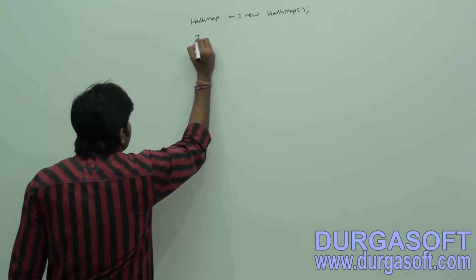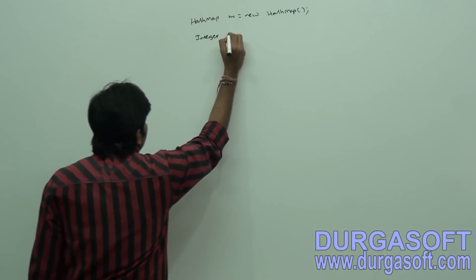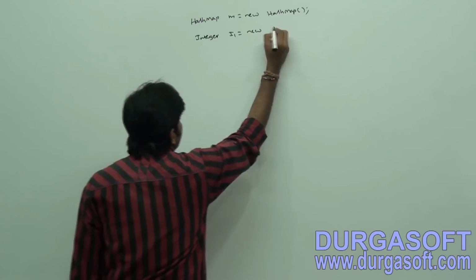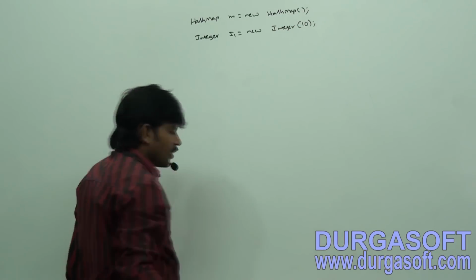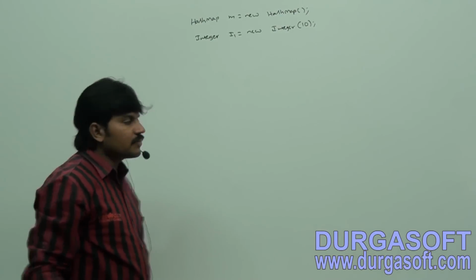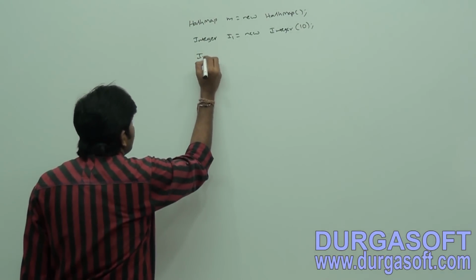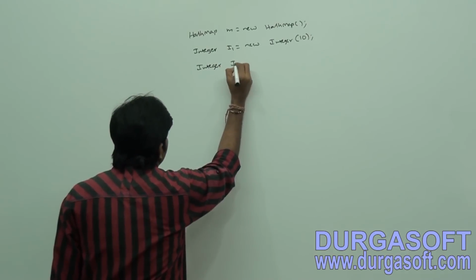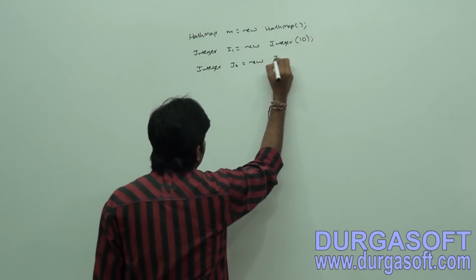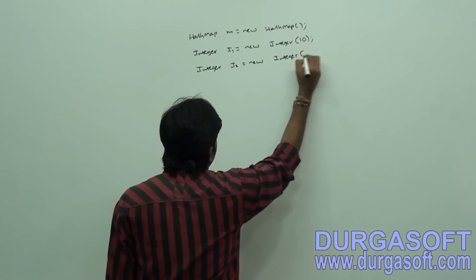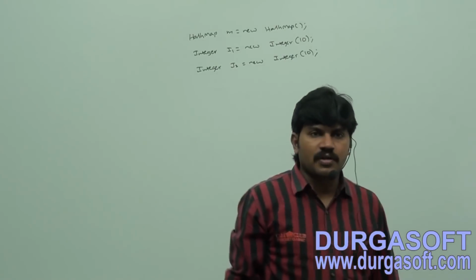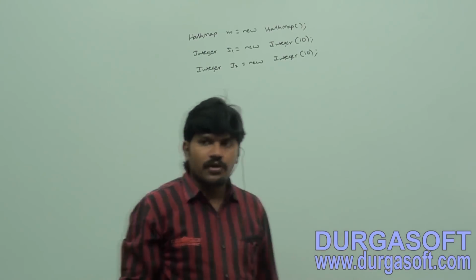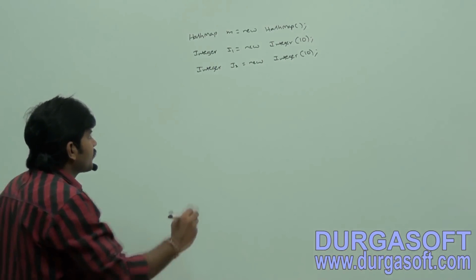Now Integer I1 is equal to new Integer of 10, and Integer I2 is equal to new Integer of 10.